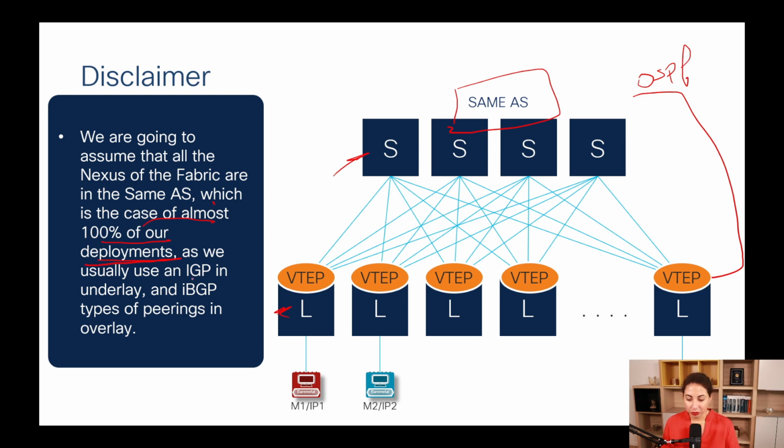We usually use an IGP in the underlay, and then iBGP for the overlay. So it is iBGP, L2VPN, EVPN in the overlay. I know I mentioned it multiple times, but I really wanted to have our ideas crystal clear on that. Everyone inside this site is in the same autonomous system.